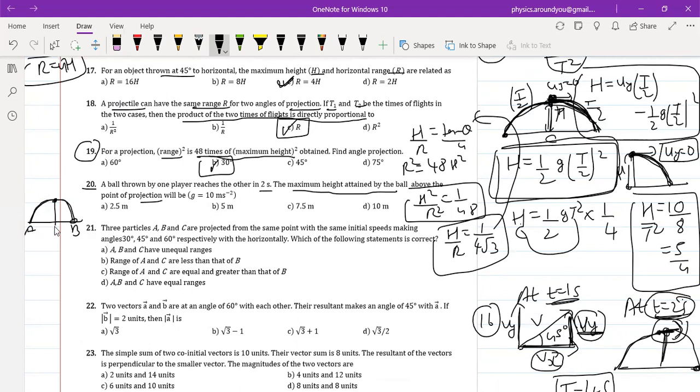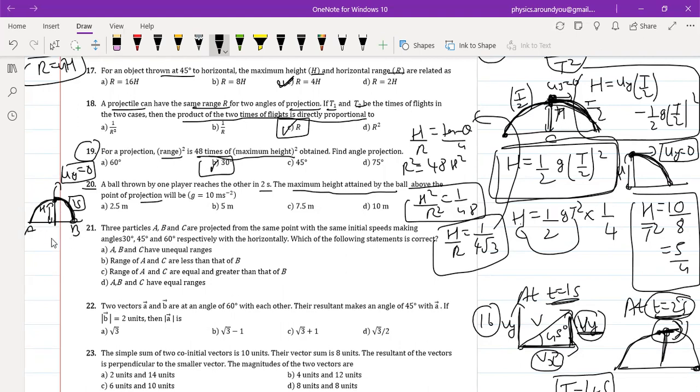So the time taken by the ball to reach from the maximum height to the ground should be 1 second, right? If I just analyze this half, the vertical component of velocity is 0 at the top, so uy is 0, and it takes 1 second, and the height is h.